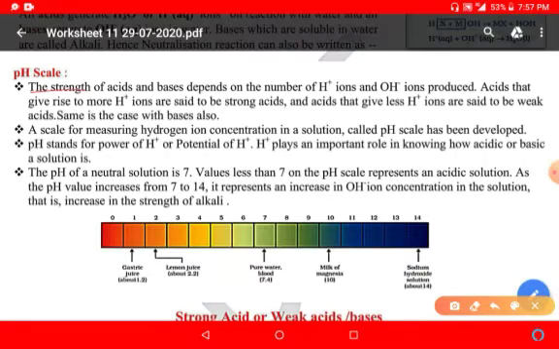The strength of acids and bases depends upon the number of hydrogen ions and OH ions produced. Acids that give more hydrogen ions are called strong acids. That means acids generate hydrogen ions and bases generate hydroxide ions in water.